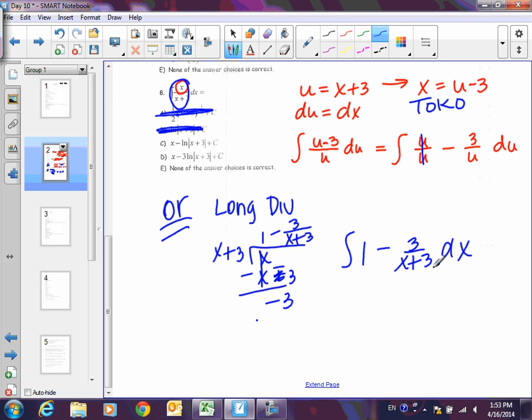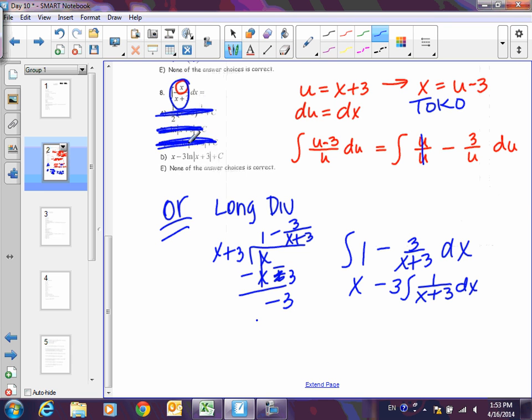Okay, so from here, this part would obviously be x. That's why I went ahead and crossed off a and b. Now to integrate this part, I really need to integrate this because I can pull out that 3. So out of c and d, I know it's d over c, right?